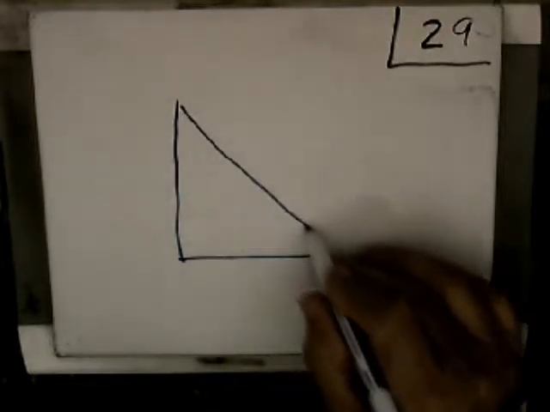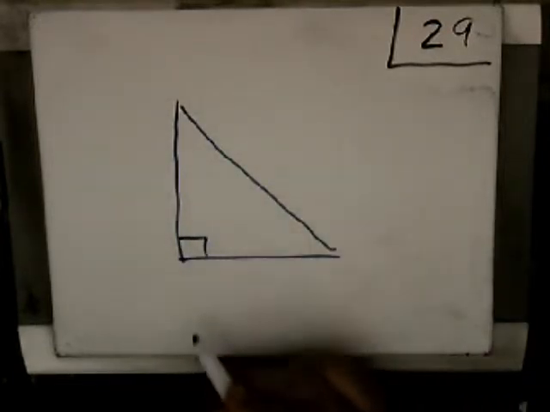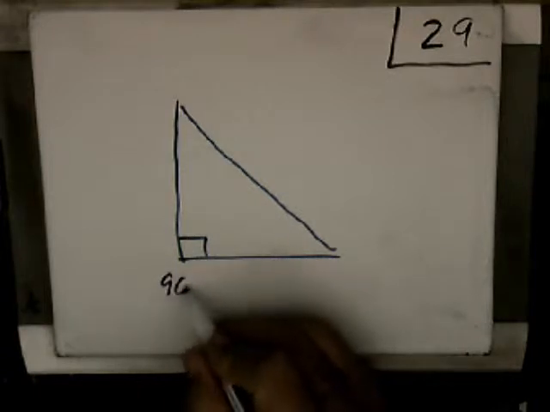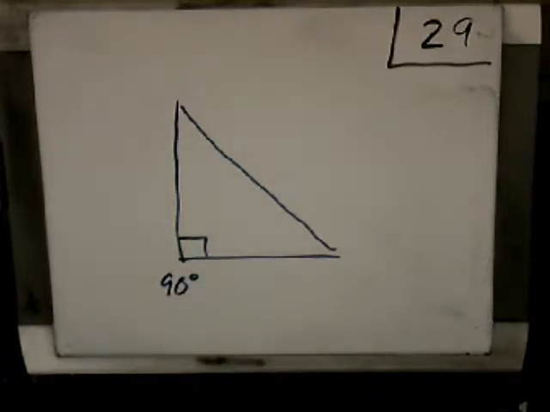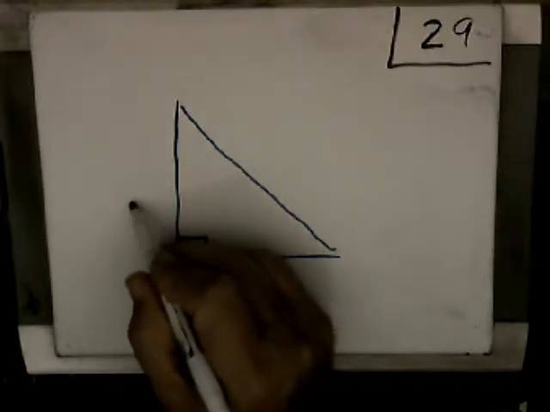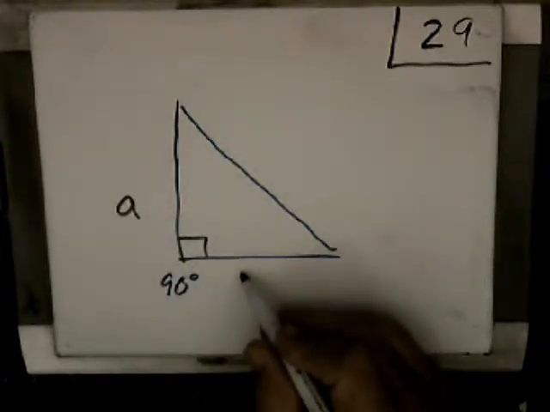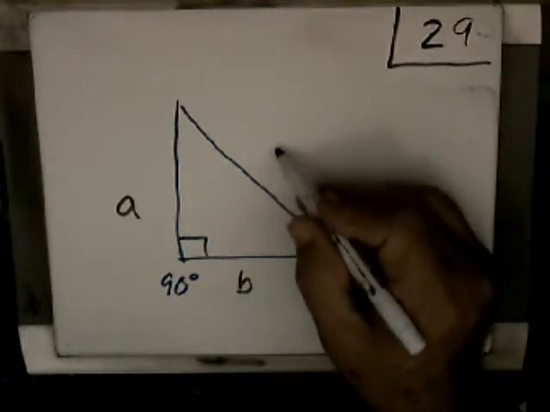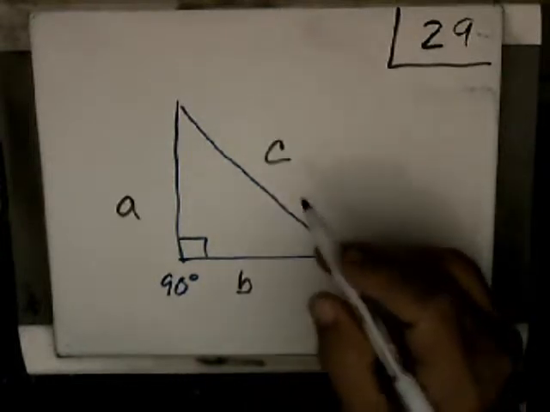A right triangle is a triangle that has a right angle or a 90-degree angle. One of the angles must be 90 degrees. Having established that, they then came up with ways to determine the relationship of the legs to one another, and C being the largest leg.